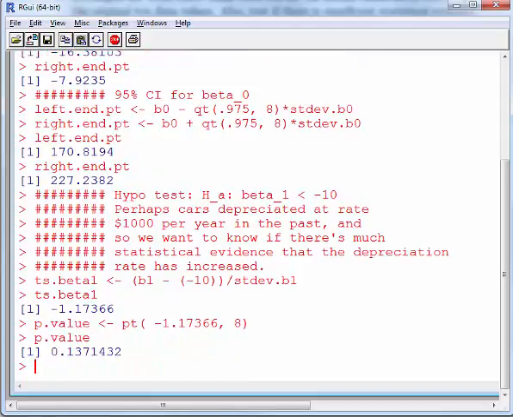It's about 13 to 14%, so that's probably not sufficient evidence to reject the claim that it's greater than or equal to -10. If the p-value had been really small, like 0.01 or less, then we could say we're pretty confident that the prices are depreciating at a rate faster than 10 $100 bills per year or something like that.